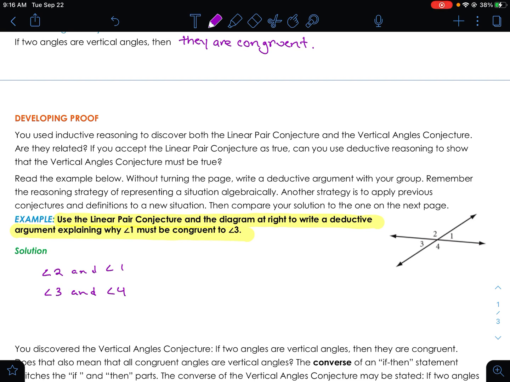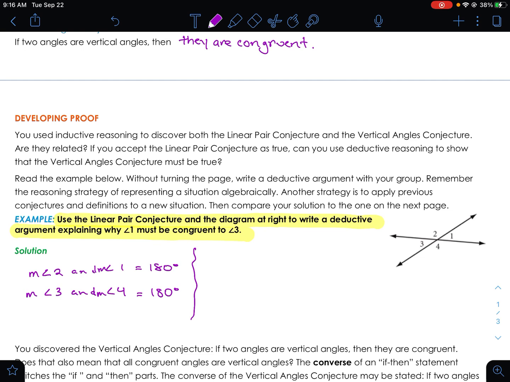So if we take the measures of angle 2 and angle 1, they add up to 180 degrees. If we take the measures of angles 3 and 4, they add up to 180 degrees. So the measure of angle 2 and the measure of angle 1 equals 180. The measure of angle 3 and the measure of angle 4 equals 180.